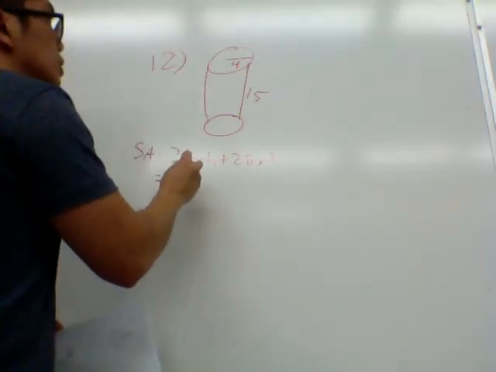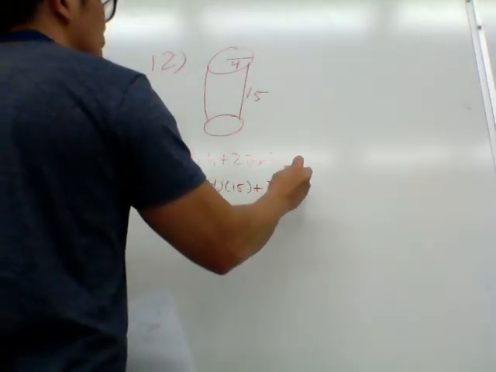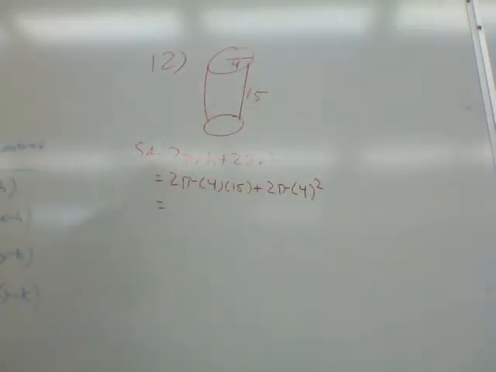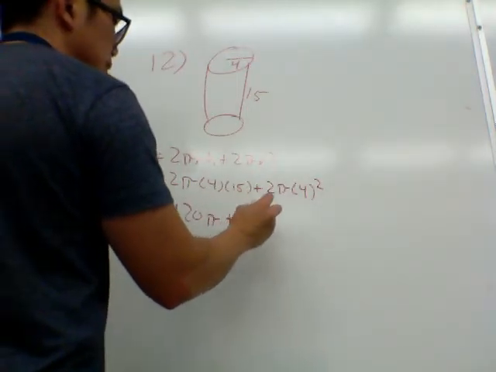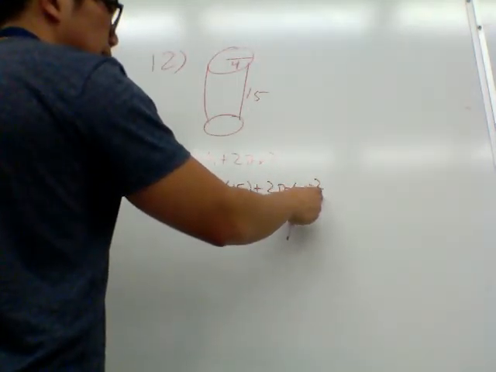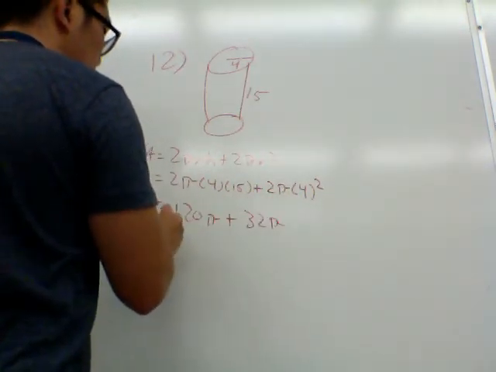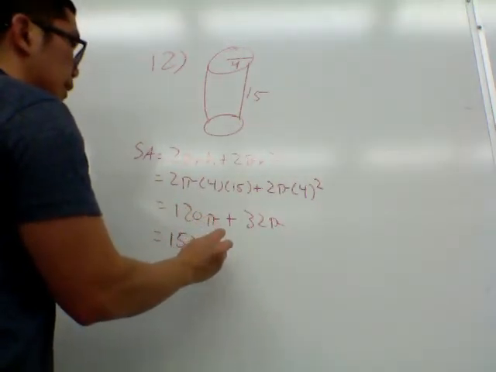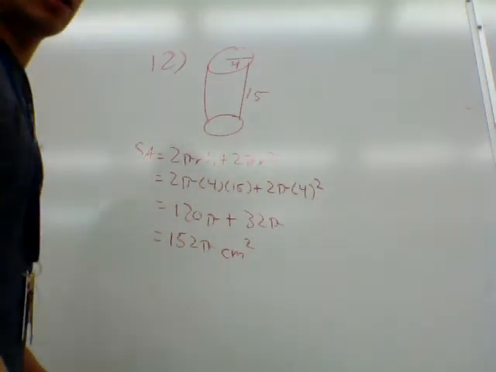So it's equal to 2 pi 4 times 15 plus 2 pi 4 squared. So this gives me 120 pi plus 4 times 4 is 16, and then 16 times 2 is 32. So my answer is 152 pi. And don't forget your units, centimeters squared. You need to put centimeters there.